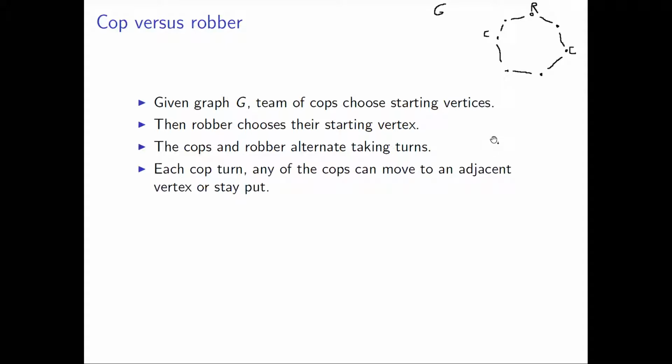So on cop turns, any of the cops on the team can move to some adjacent vertex or stay at the vertex where they're currently at. So for example, the first turn of the game, this cop can go right here on the first turn. And this cop can go right here, also still on the first turn.